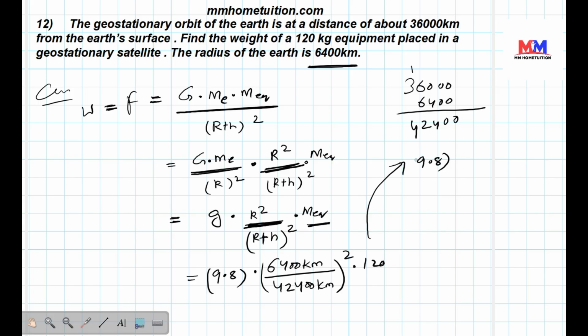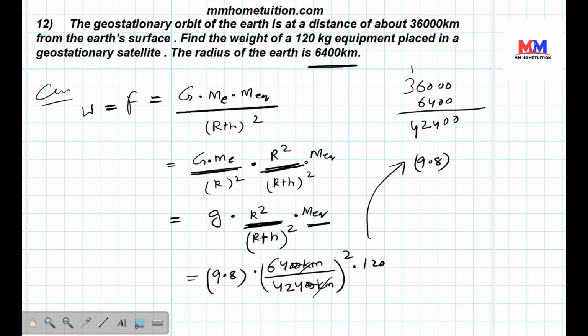9.8. The kilometer gets cancelled. The zeros also get cancelled. So this is 64 divided by 424. So this is 0.15.